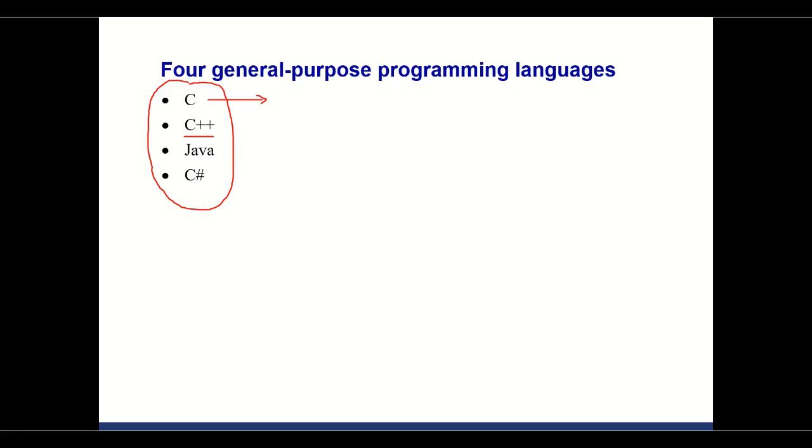C Sharp similarly is not a low level language. It is also a high level language. C Sharp is a general purpose programming language that first appeared in 2000 as a part of Microsoft's .NET initiative. It was designed for Common Language Infrastructure (CLI), an open specification developed by Microsoft, and it was later on standardized by other organizations.